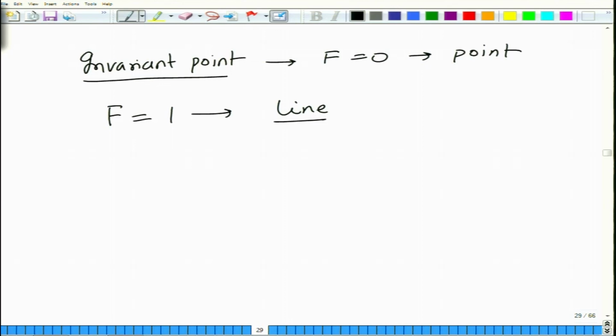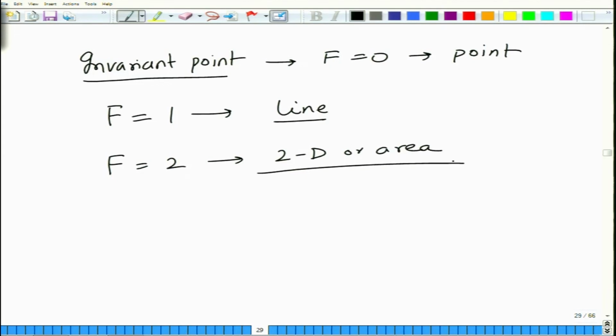So you adjust one parameter, the second is adjusted automatically, and f is equal to 2 means it's a 2D or area based variation. So you can vary both temperature and pressure independently to get phase equilibrium single. So basically in a unary system it will mean a single phase equilibrium.